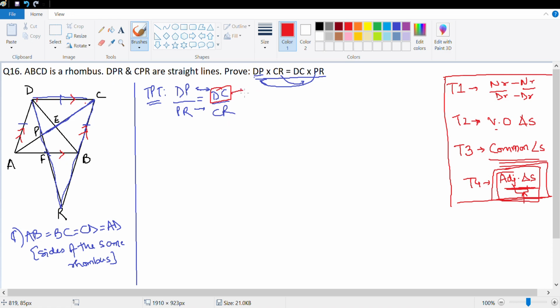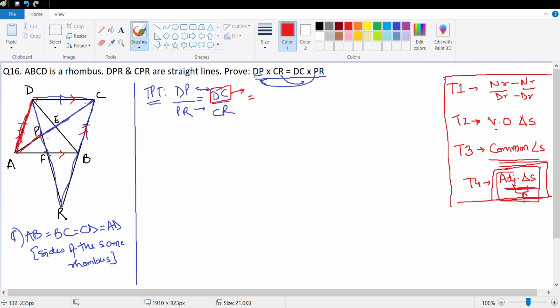If I can replace DC with something, I can try and convert this into a simpler triangle. So instead of DC, let's look at DA, because DC and DA are equal.